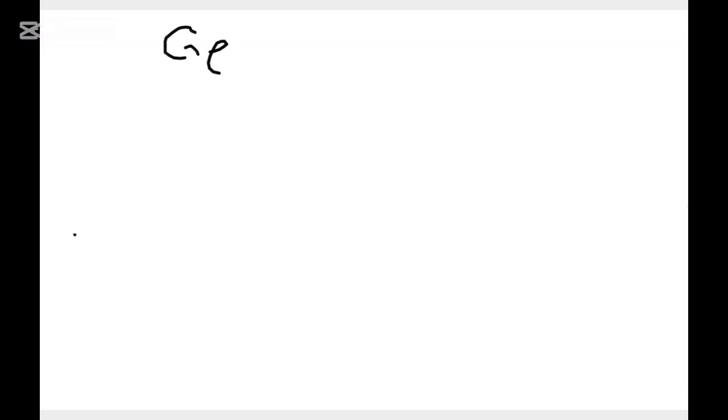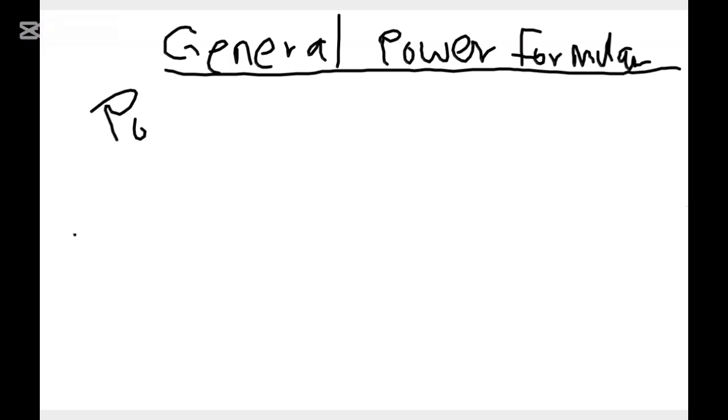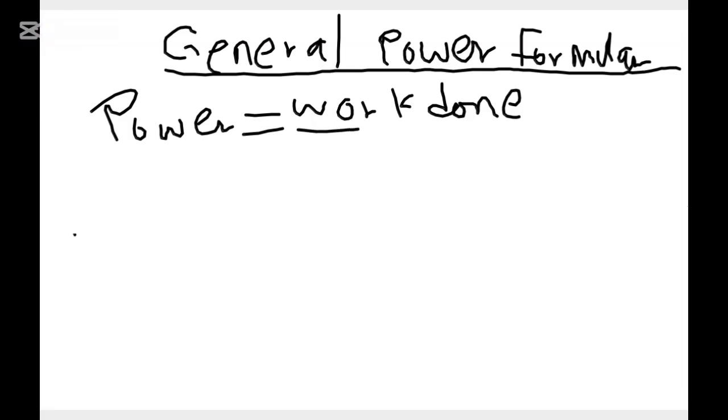And we have the general power formula. The general power formula is power, which is, as we all know, work done over the time taken. So this is the general formula for the power, which is work done over the time taken.